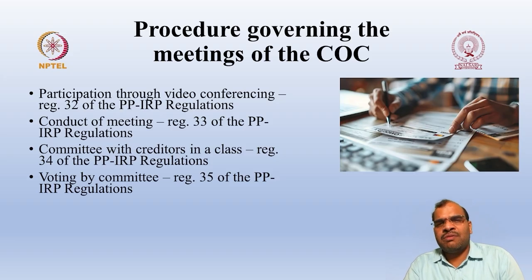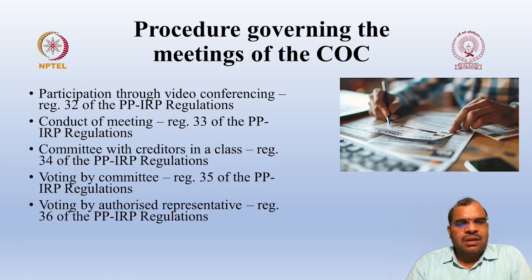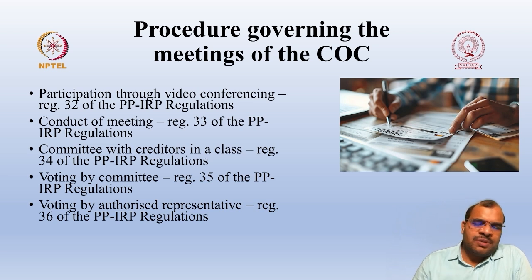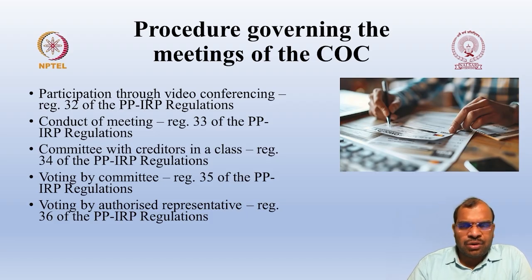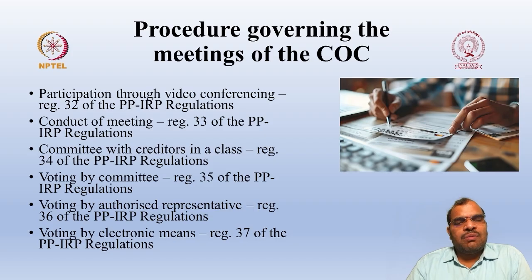More or less these provisions are similar to the regular CRP process. Once we have a class of creditors, as already discussed, you are expected to appoint the authorized representative. Even the authorized representative can vote, and while voting for each creditor, he is expected to vote according to the instructions given by the creditor.